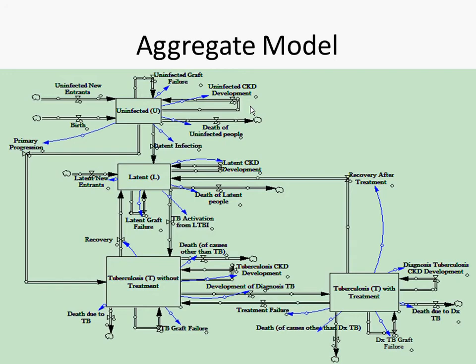So imagine that we want to divide up this model to keep track of people, not only by stage of progression of TB, but also by their age and by their ethnicity. Okay?